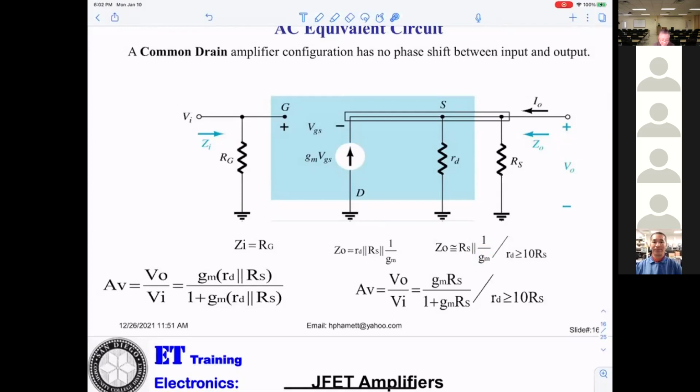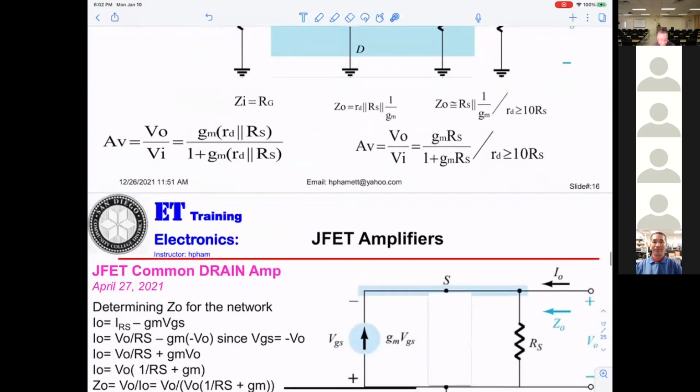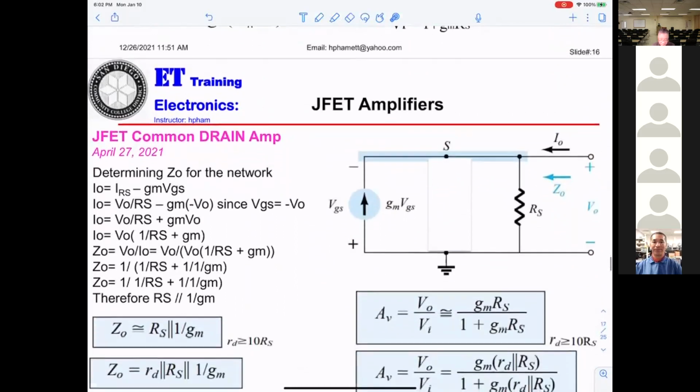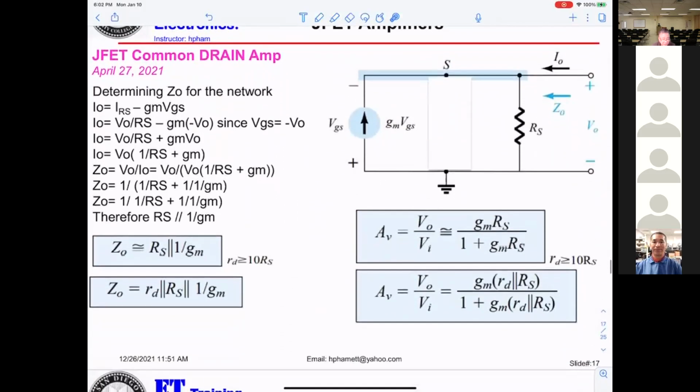And the gain will be g_m times R_S divided by 1 plus g_m times R_S. That is the formula you need, okay? And also the input and output will be in phase. Okay, common drain amplifier.